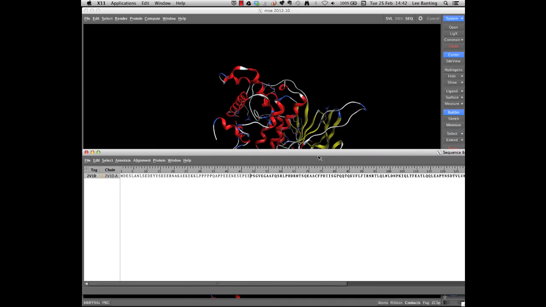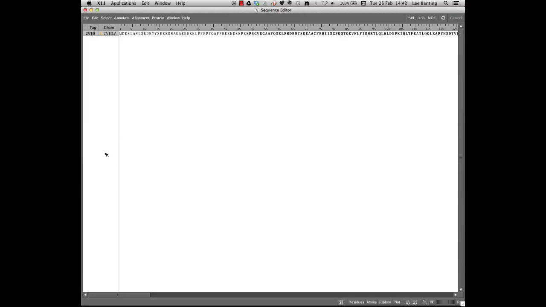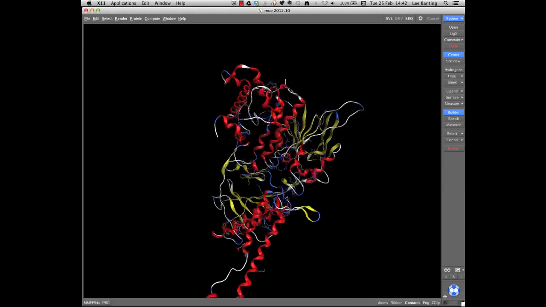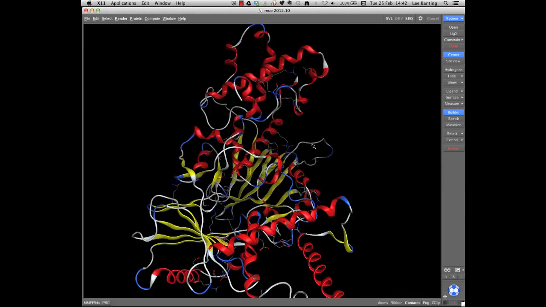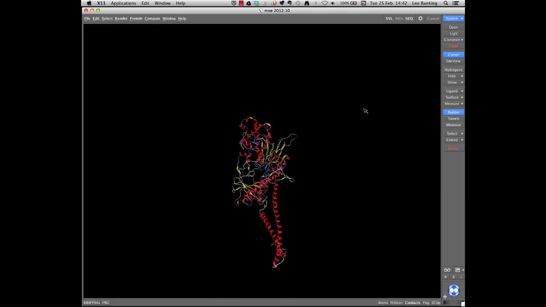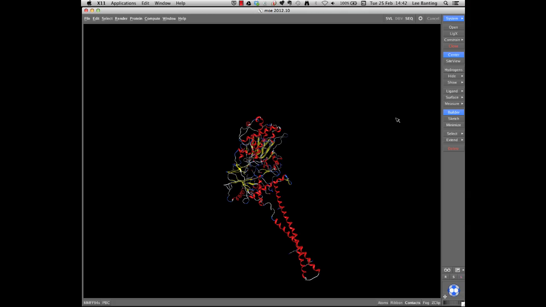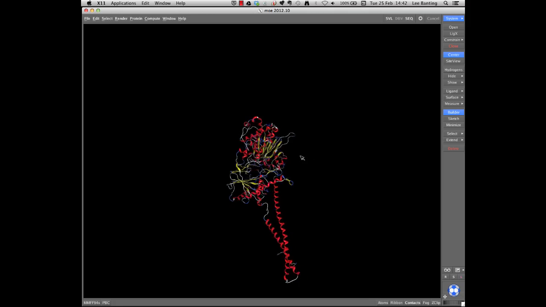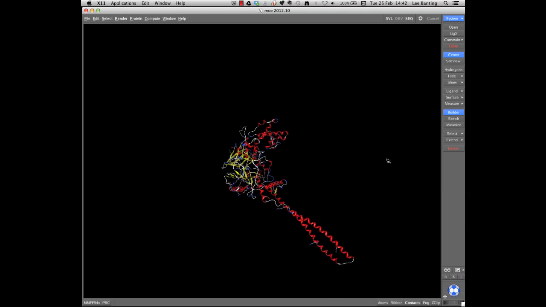So I've edited the protein through a sequence editor, and here are the amino acids in our protein. And here is our edited protein. It's raw now, it's a protein. The cofactor's gone. It may be that we want the cofactor to actually do our modelling with, but let's just consider the raw protein at the moment.